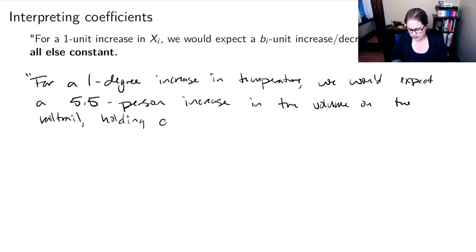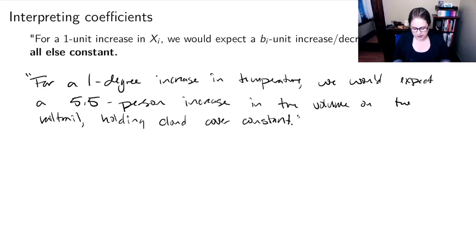So in this case, holding cloud cover constant. What that means is, if you had 2 days that were the same amount of cloudiness, for a 1 degree increase in temperature, we would expect to see 5.5 people more on the warmer day than the cooler one with the same cloud cover.